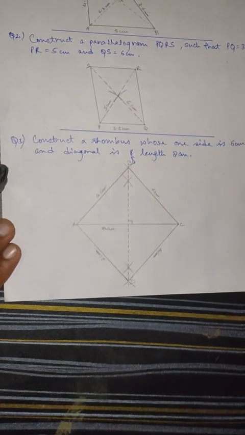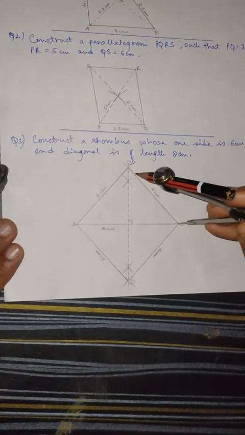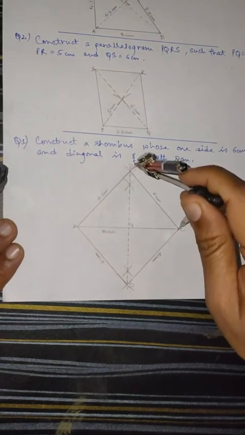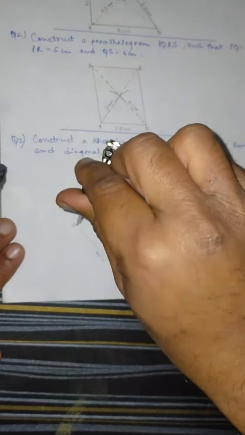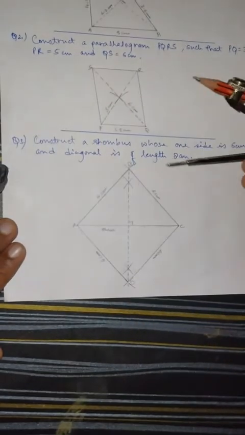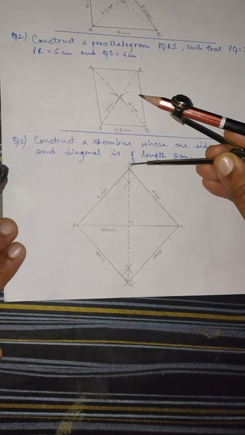Now as we know that the side is given as 6 centimeter, we are going to measure 6 centimeter on this compass, and by placing the pointer at C vertex, I'm going to make an arc of 6 centimeter over here. Placing the compass over here, I'm going to make another arc of 6 centimeter. These two arcs meet at this point where the third vertex B lies.